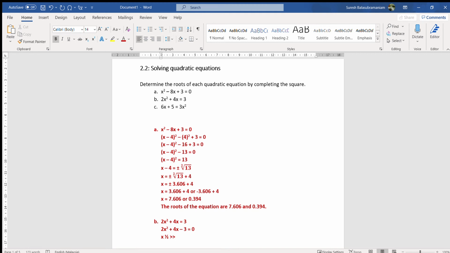When I multiply with 1 over 2, I will get x squared plus 2x minus 3 multiplied by 1 over 2, I get 3 over 2, equals 0.